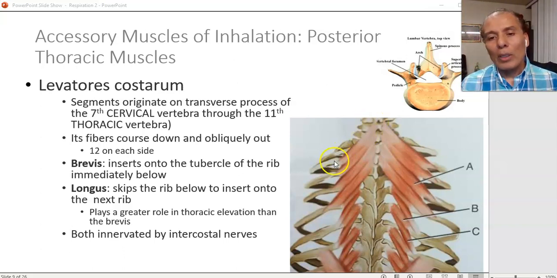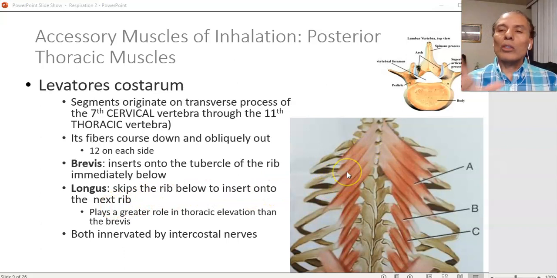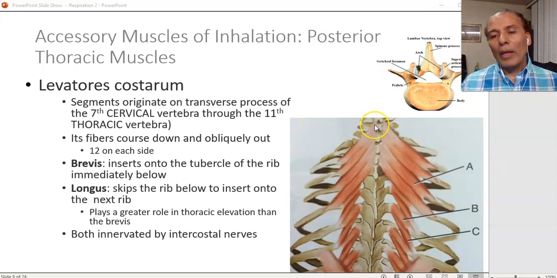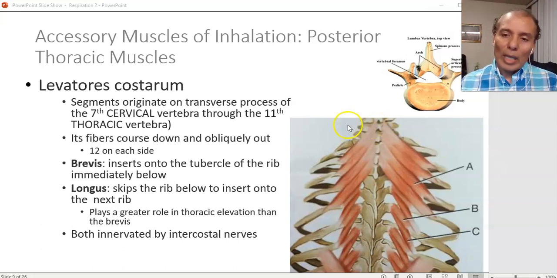It leaves the first rib and goes to the second rib. So it skips one rib and inserts onto the next one. Because it is longer, it is going to play a bigger role. It's more powerful. And both segments, for example the top segment that originates on C7, are innervated by the intercostal nerve that comes out from that vertebra.